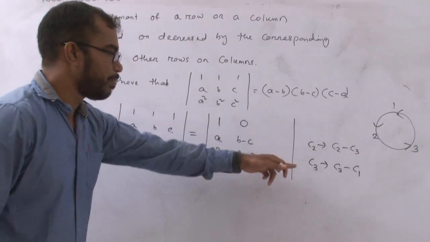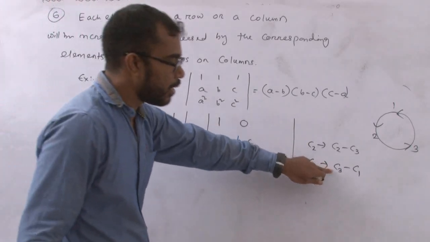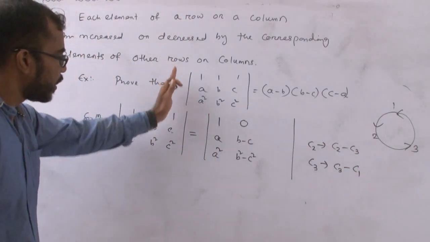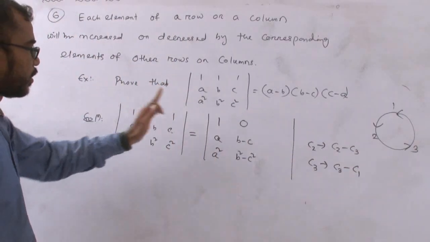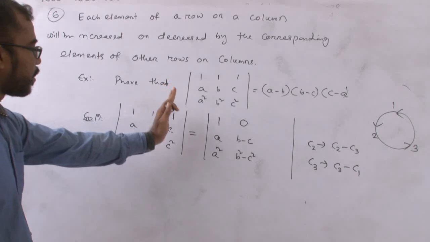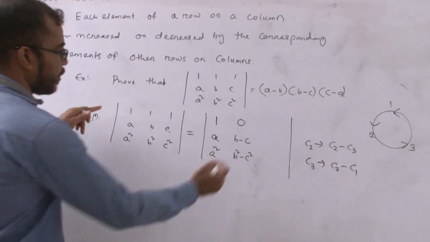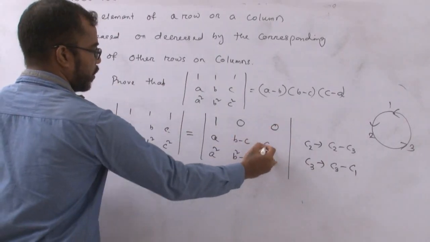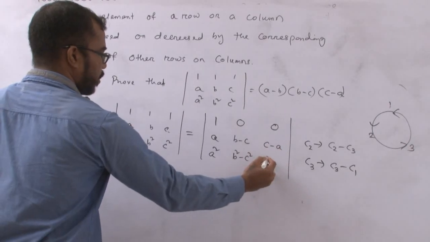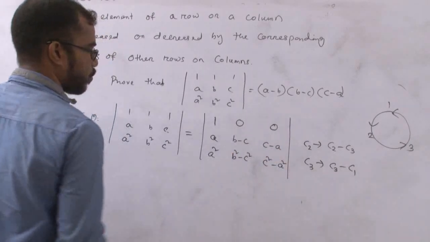Similarly, column 3 becomes C3 minus C1: 1 minus 1 is 0, c minus a, and c square minus a square.